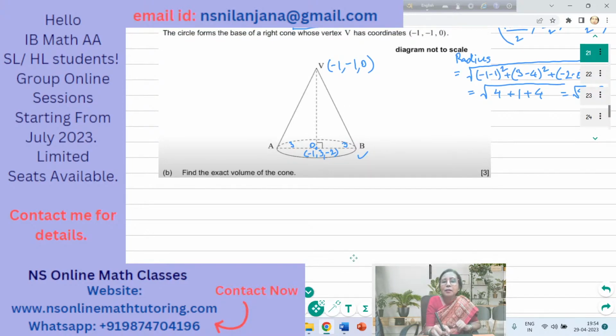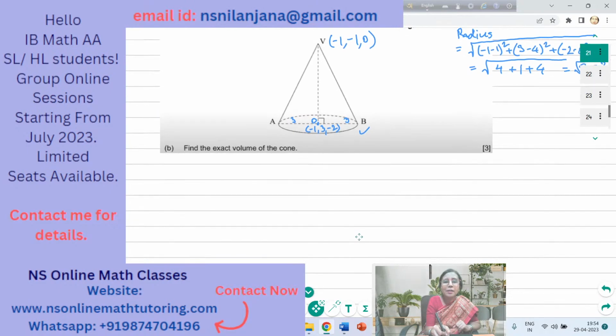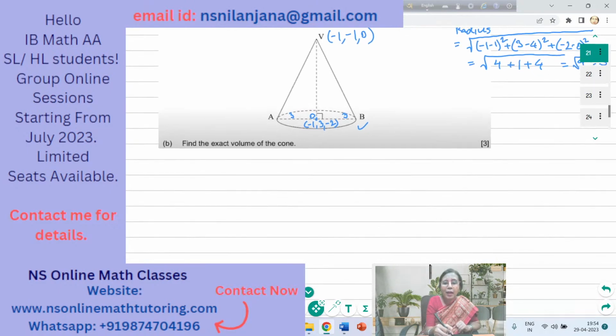And subpart B, they are asking us to find the exact volume, obviously, because we are not allowed a calculator. And of course, you may try doing the division, but don't, because they are saying that you have to give the exact volume. Okay? So what is the formula for the volume of a right cone?